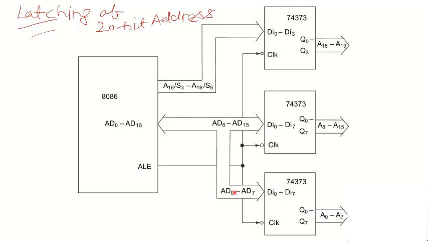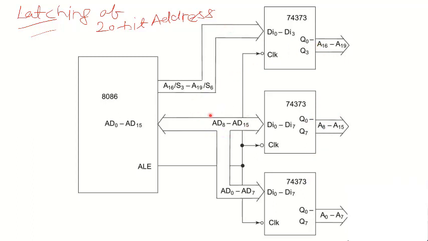Because initially in the first T state, this will carry the address only. So this is an 8-bit address, again this is an 8-bit address, 8 plus 8 is 16, and the remaining 4 bits are from this.